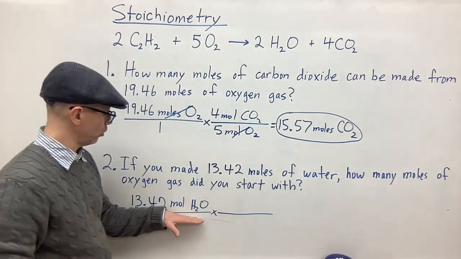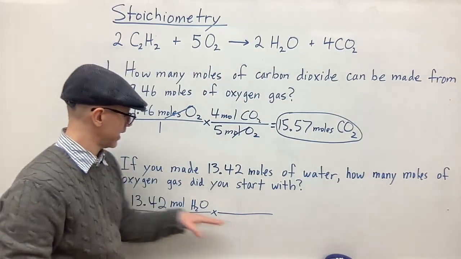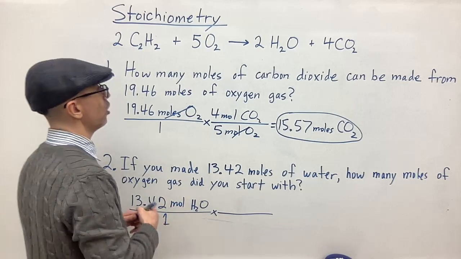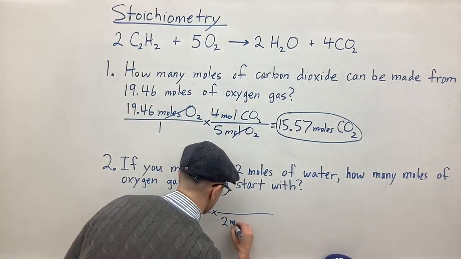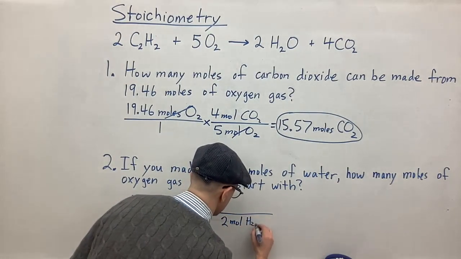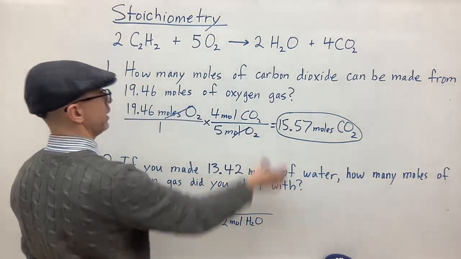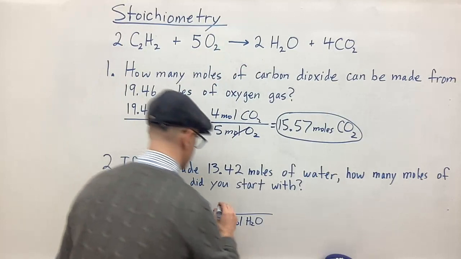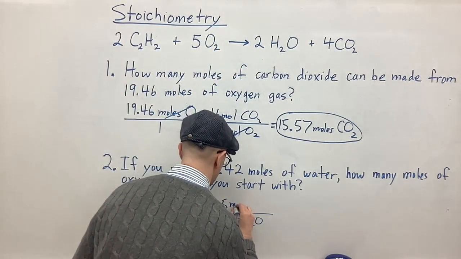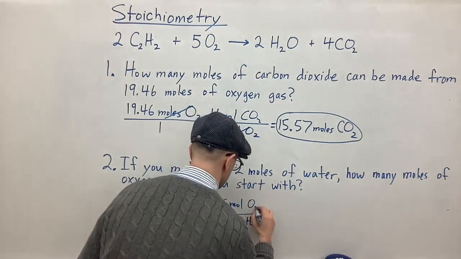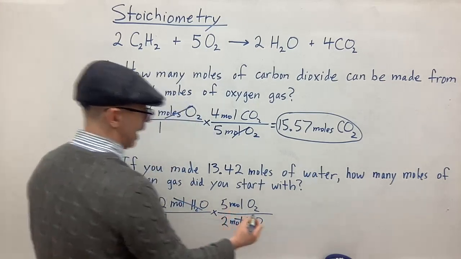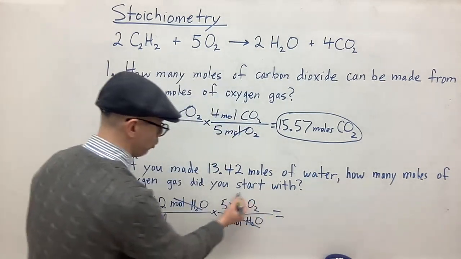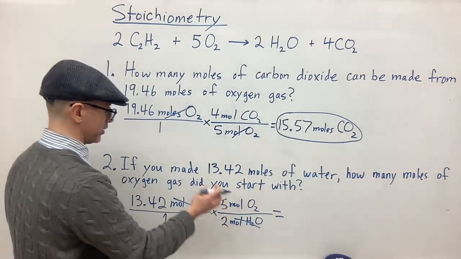So I want moles of water on the bottom to cancel out with moles on top. So I have 2 moles of water on the bottom, and I have 5 moles of oxygen on top. And so moles of water cancel out. Now I have moles of oxygen, which is what they're asking, right?